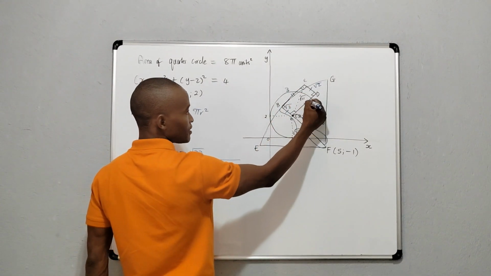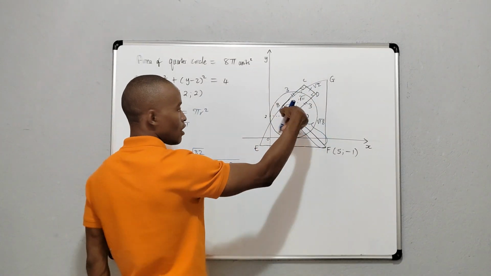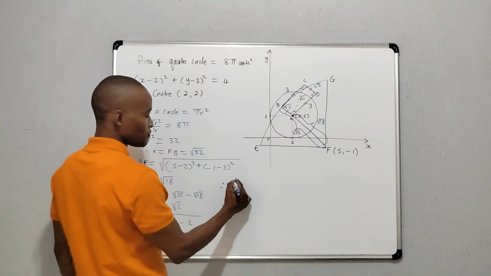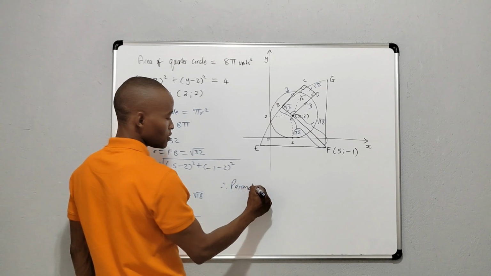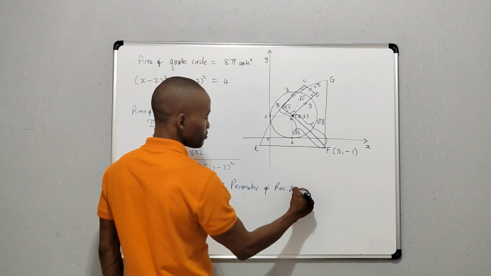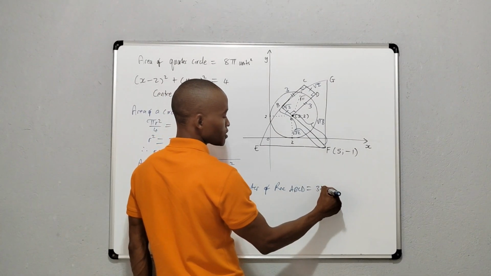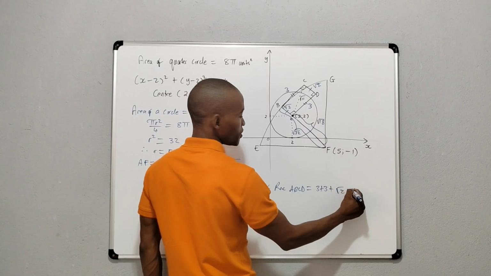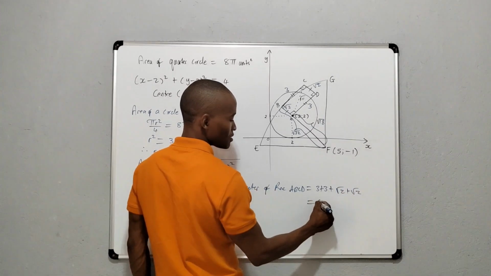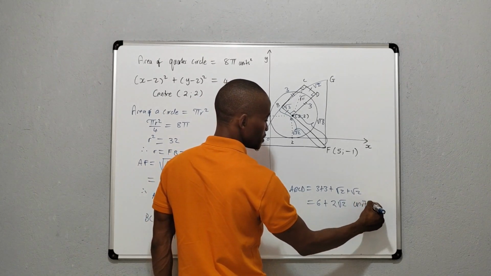So that is 3, meaning that this side is also equal to 3. Do we have all the 4 sides? Therefore, perimeter of rectangle ABCD is equal to 3 plus 3 plus root 2 plus root 2, giving us 6 plus 2 root 2 units.